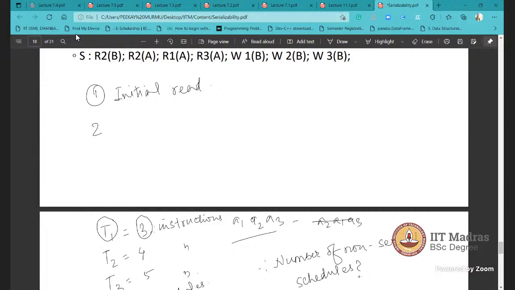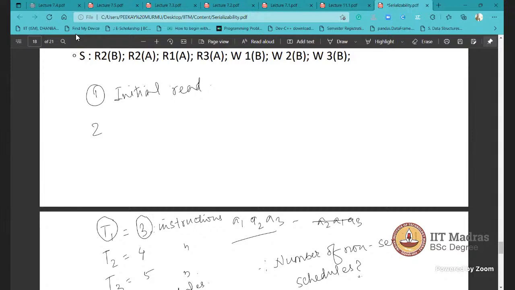And how to check whether a schedule is view serializable or not? We first go for the conflict serializability check. If it is conflict serializable, then we say it is also view serializable.